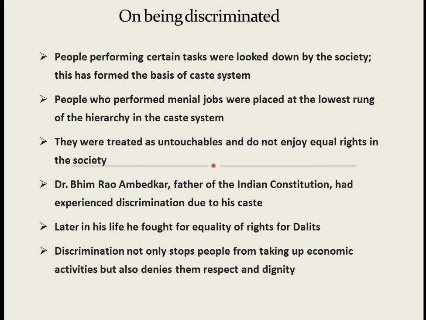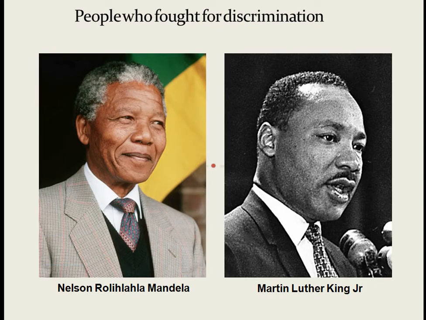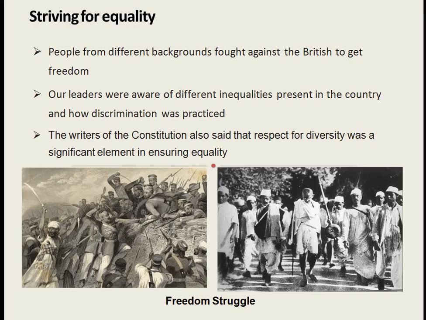Next, people who belong to the caste and faced discrimination. Here a few photographs are there of the persons who fought against discrimination: Nansen, Rohilala, Mandela and Martin Luther King Jr., and Dr. Bhimrao Ambedkar, whom we already know about.